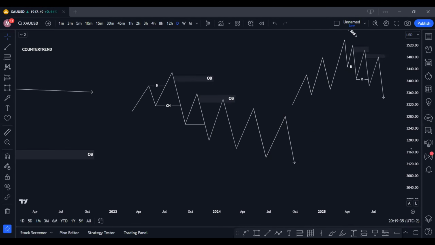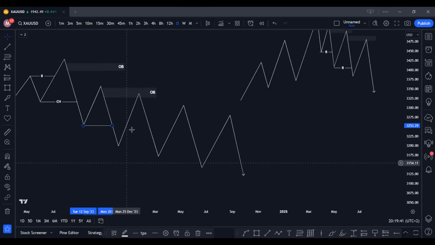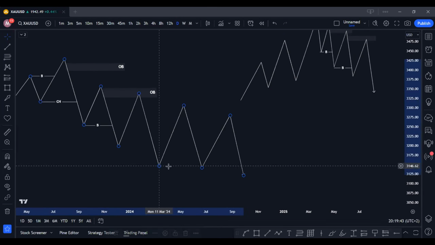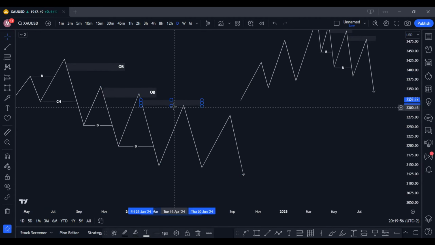So continuing with this example here, you're going to take your selling opportunities of this order block here and continue with the bearish order flow, just like that, okay? Creating your break of structures and then respecting your lower high here, okay?